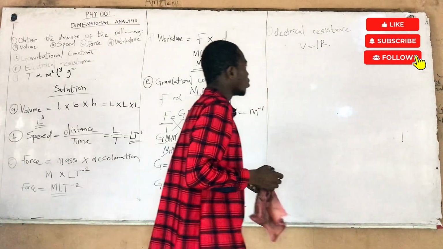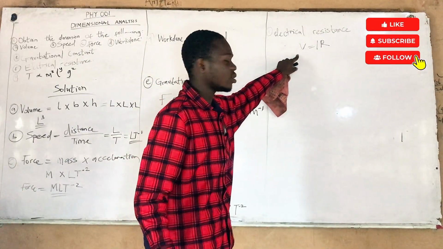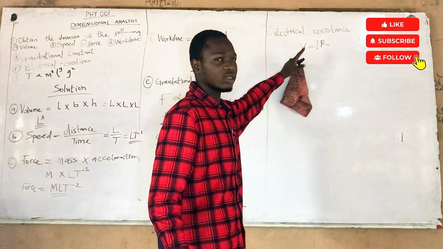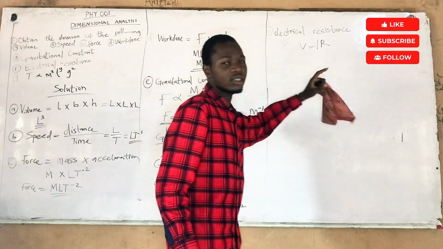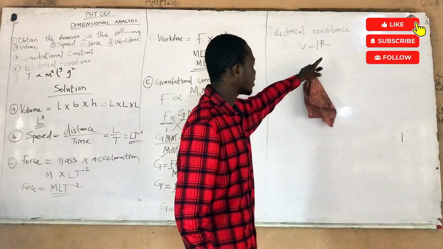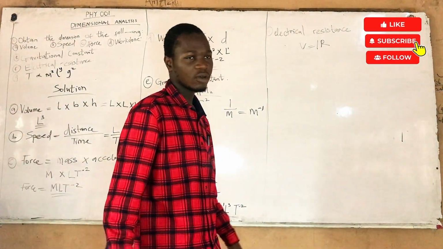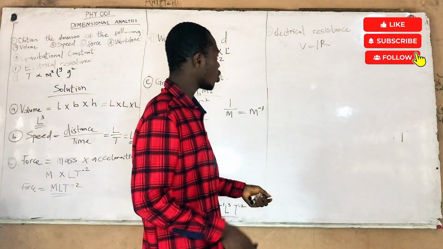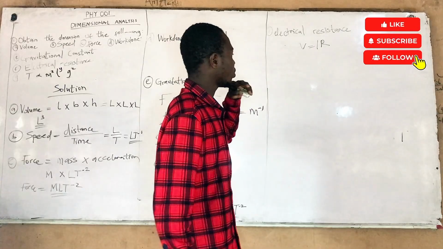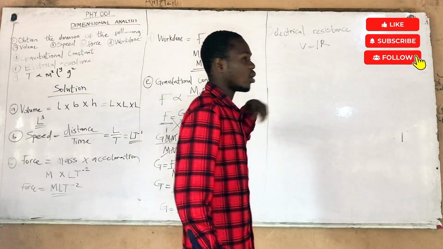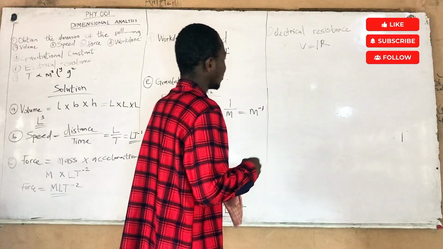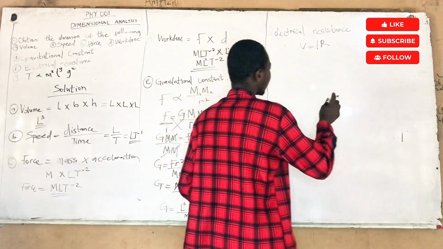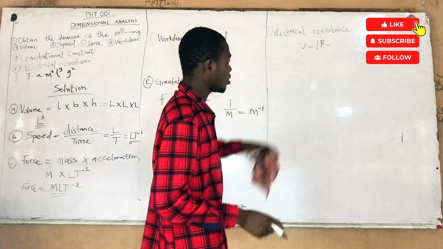So this V is not velocity, it is our potential difference, this I is our current, and this R is our electrical resistance. So for us to get this R, we are going to do some calculation, because from other formulas you can easily get this R.